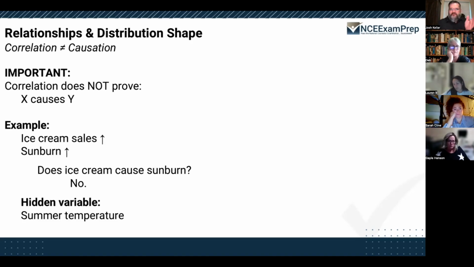There's a hidden variable here, right? The summer temperature. Summer temperature rising correlates with ice cream sales and correlates with sunburn, but ice cream sales and sunburn do not cause one another. Does this make sense? Correlation does not equal causation, okay?